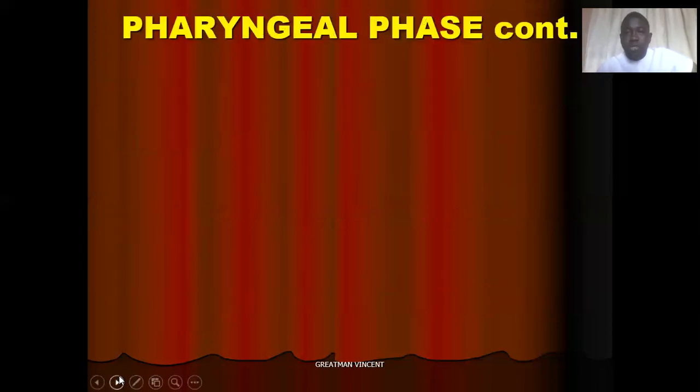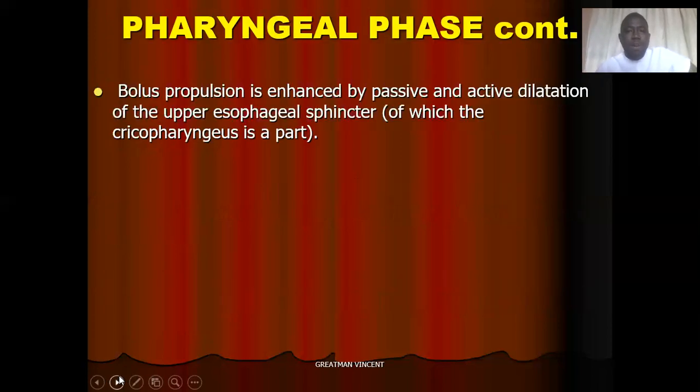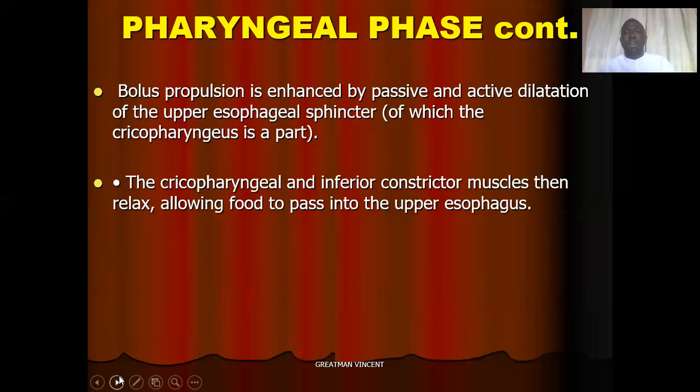So with the pharyngeal phase, just as I said, the superior constrictor muscles will contract. Now, the moment the superior constrictor muscles contract, there will be the initiation of what we call peristalsis.